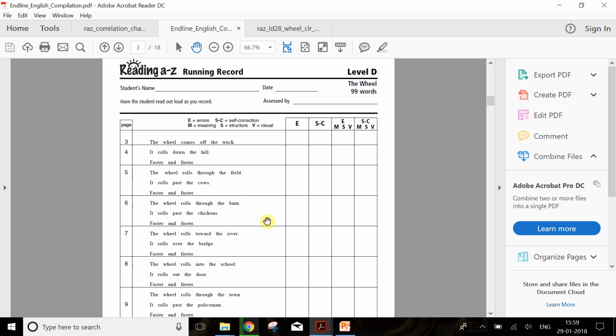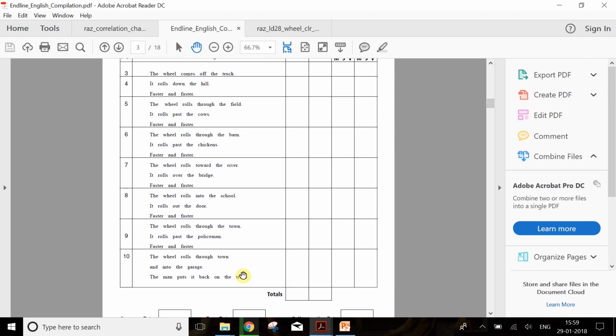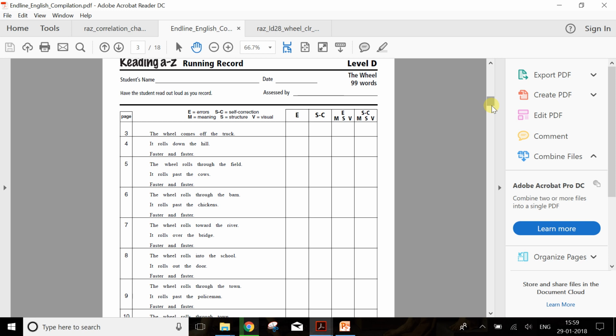If the child reads chickens as chicks, then it is an error. So once a child completes reading till here, we would have calculated the number of errors the child has committed.